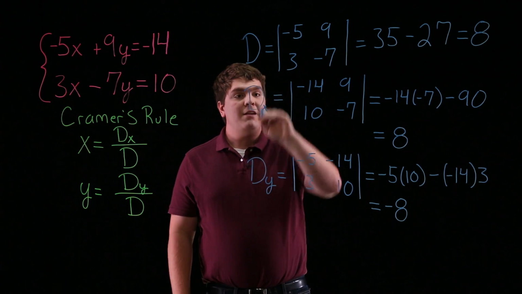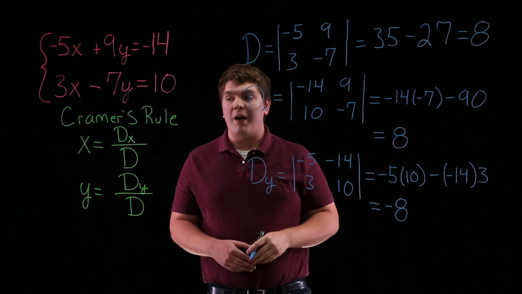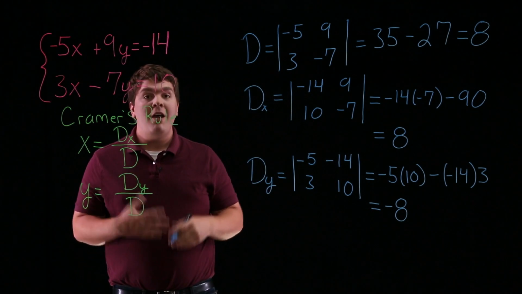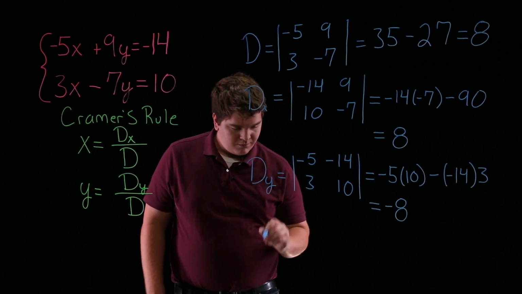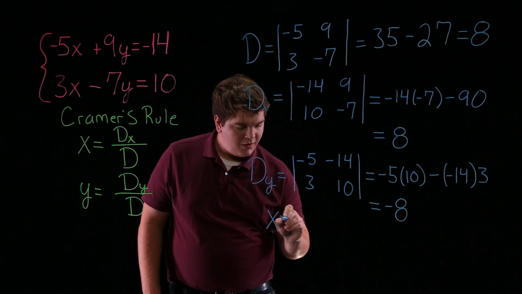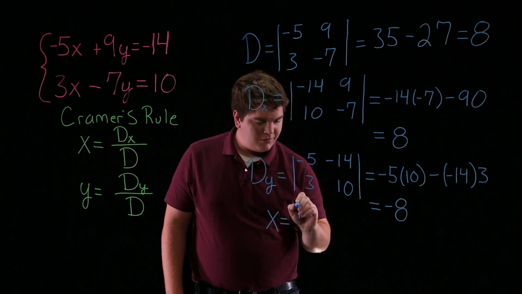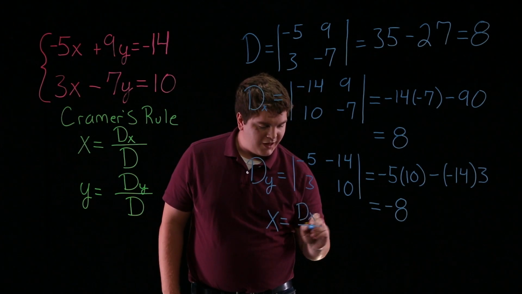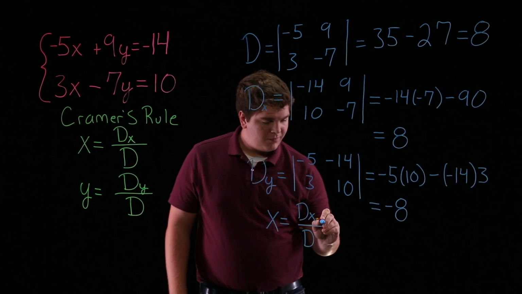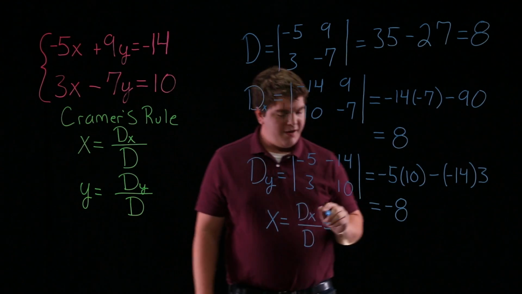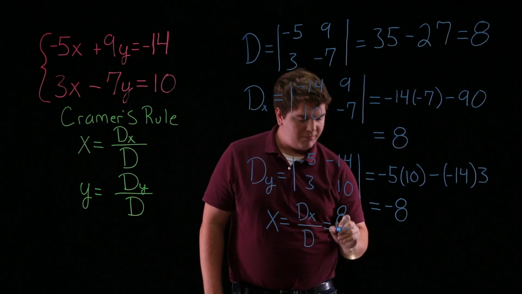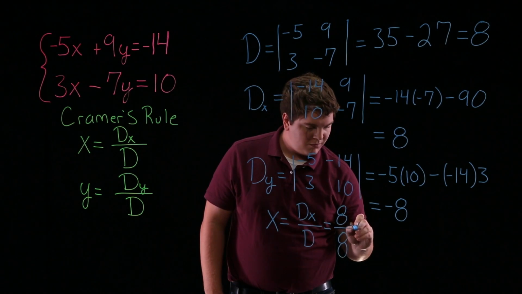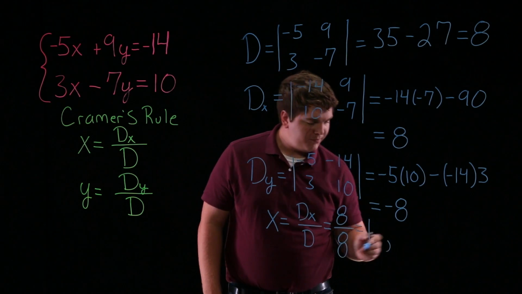And now that we've solved for d, d sub x, and d sub y, we can come back to Cramer's rule and substitute these values in to solve for x and y. So x, we said, was equal to d sub x divided by d, which is 8 divided by 8, which is 1.